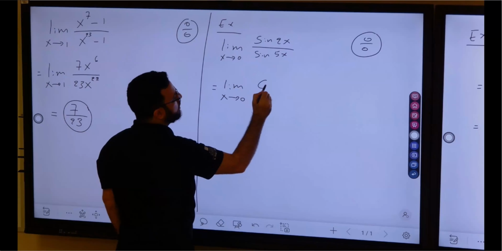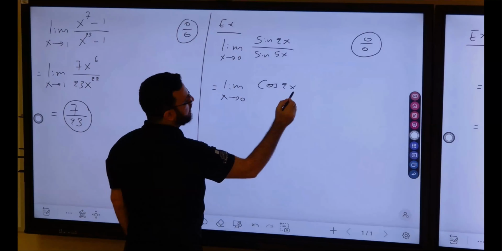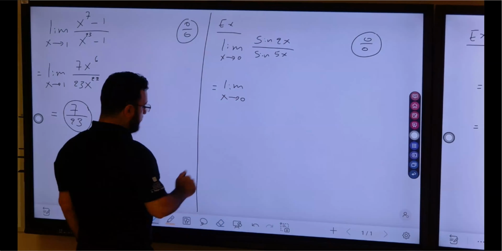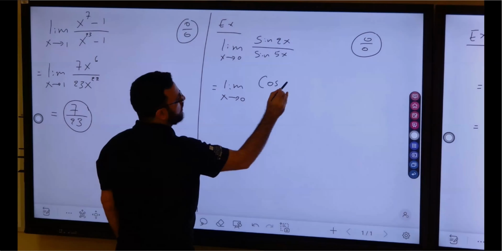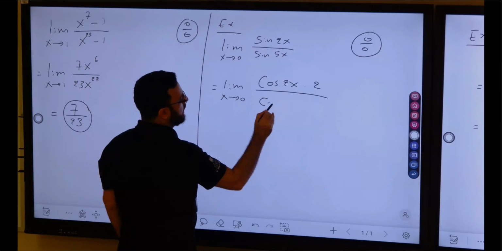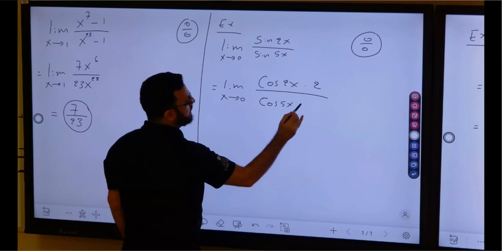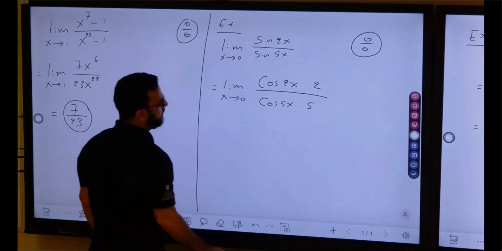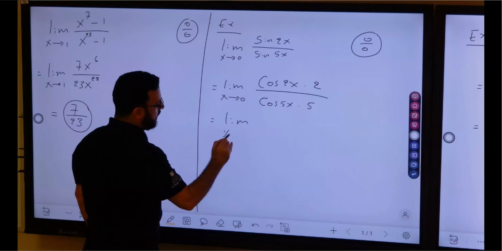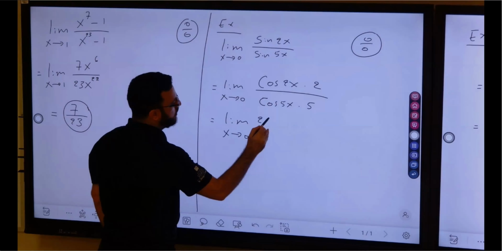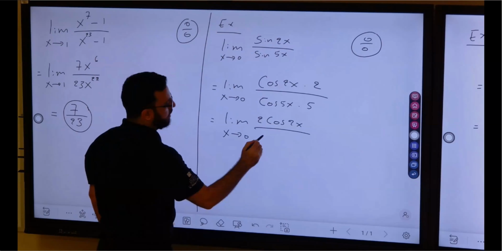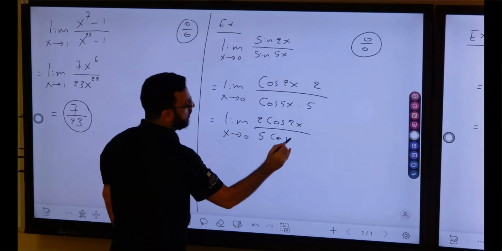It's cosine 2x times 2, times the derivative of the angle. So it's cosine 2x times 2. And here is going to be cosine 5x times 5. You can write it down as the limit as x approaches 0 of 2 cosine 2x over 5 cosine 5x.